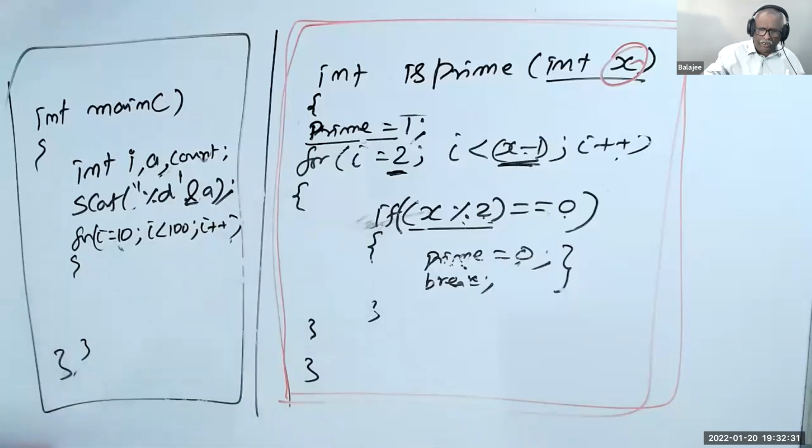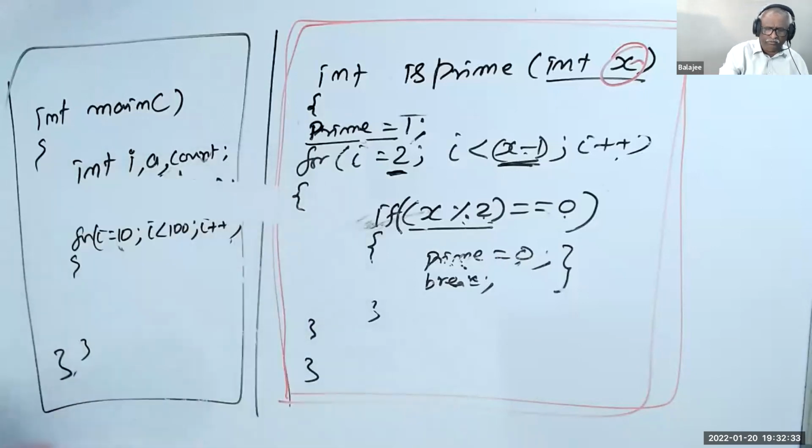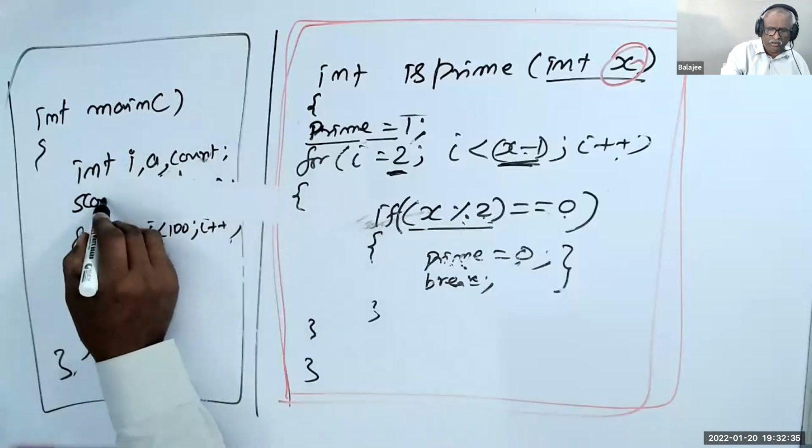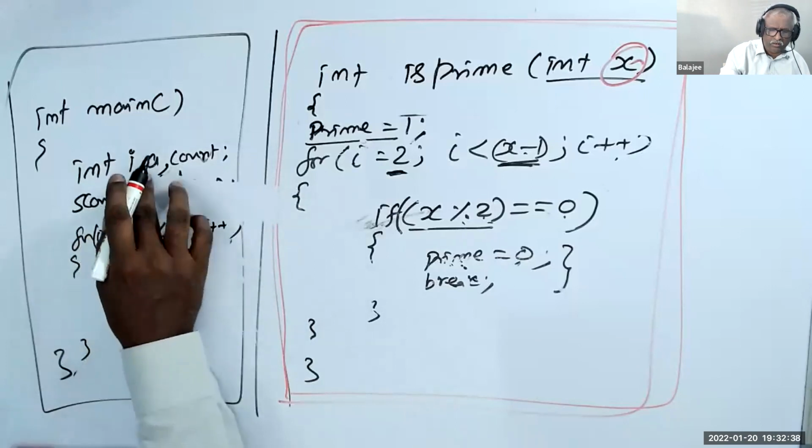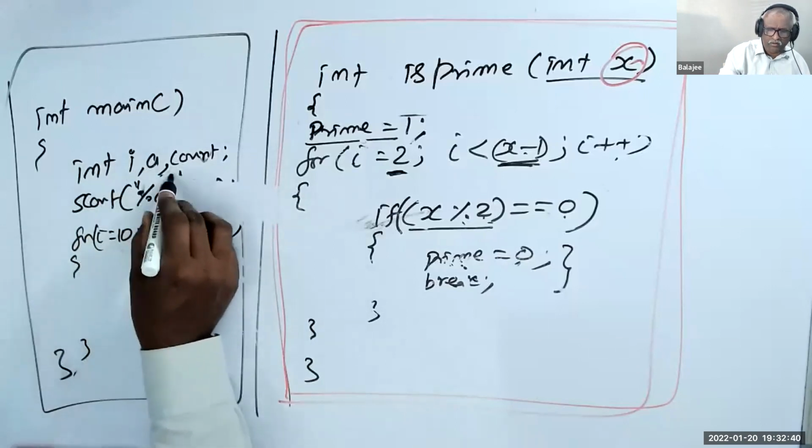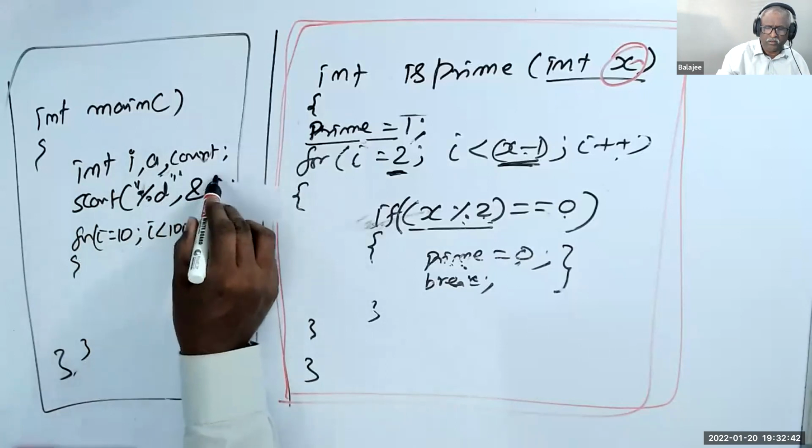Because of space, let me write it here once again. Scanf %d and a.